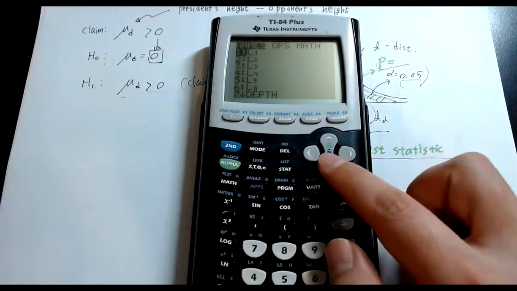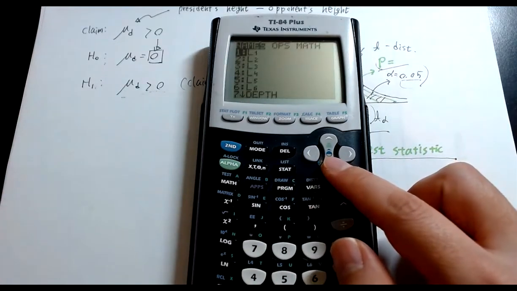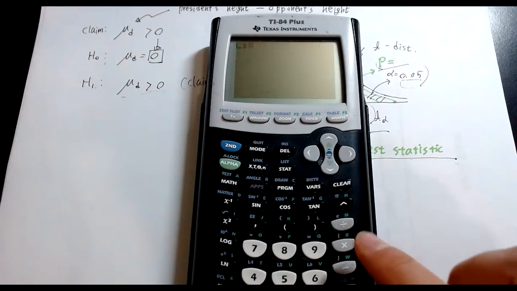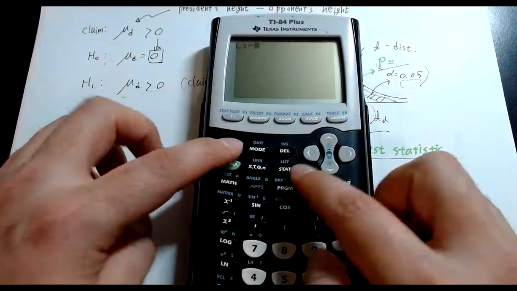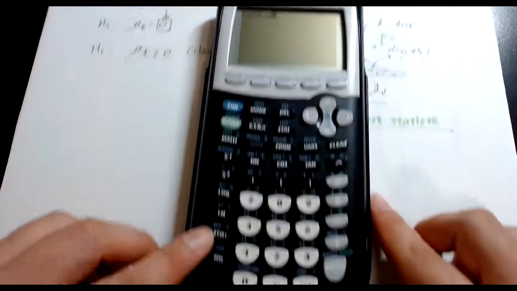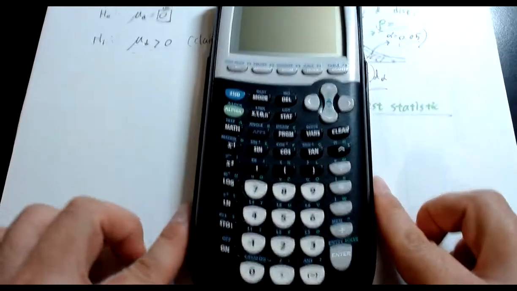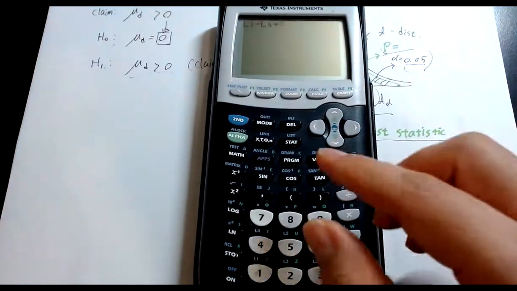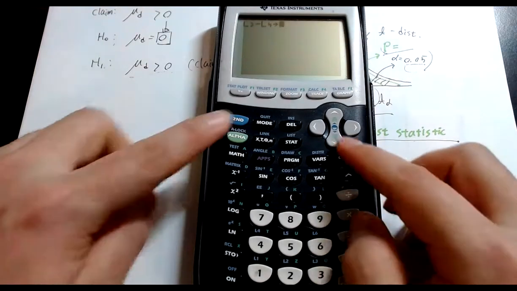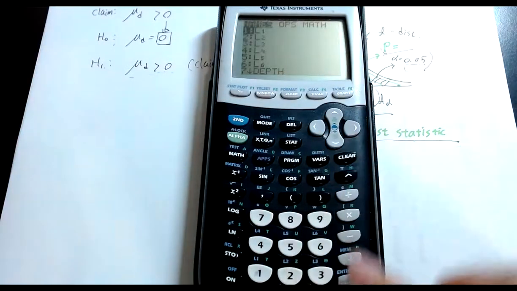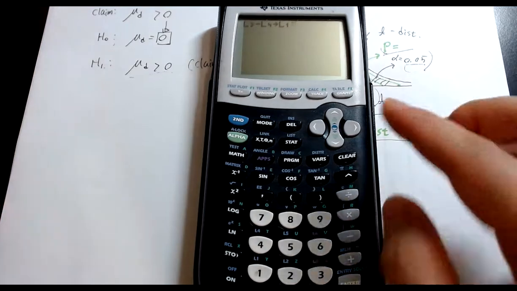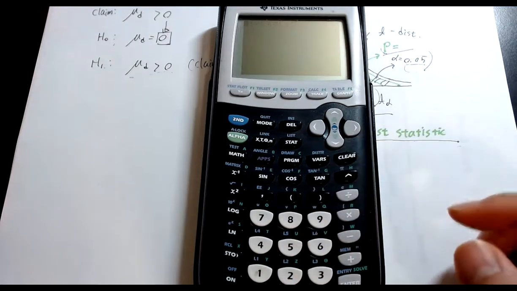We need to subtract L4 from L3, so we choose L3, then minus L4, and then store. We store the result into a list; I just stored it in L1.